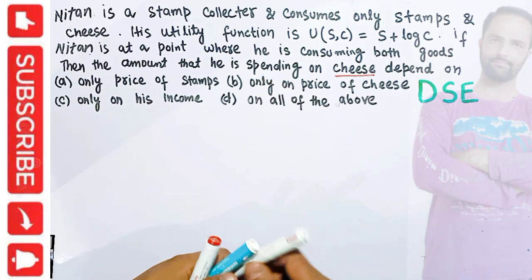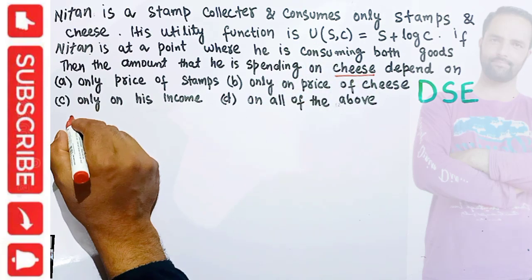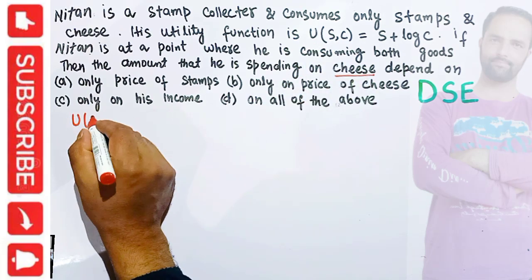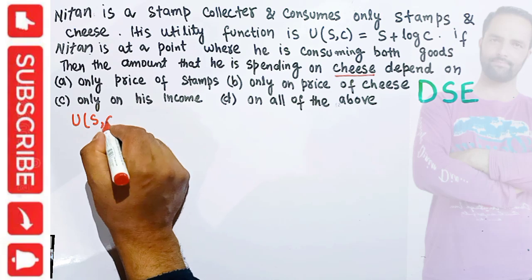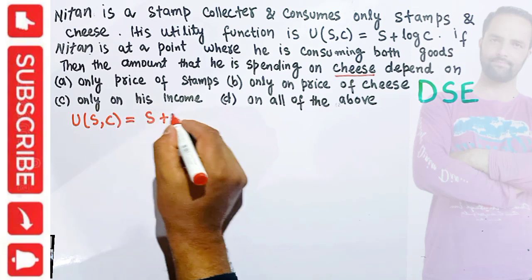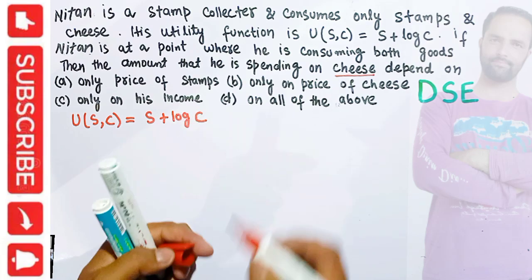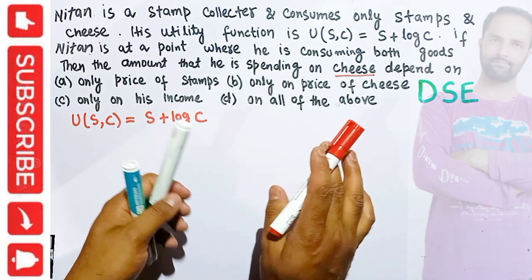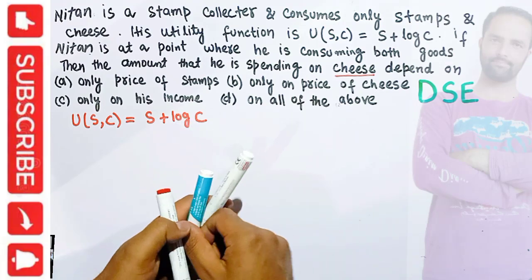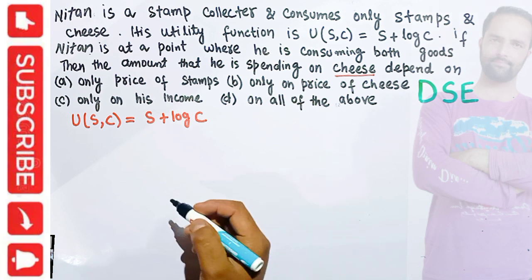So what we are being given, simple, is the utility function, that is u, which is a function of stamps and cheese, equal to s plus log c. Okay, this is our utility function. Now we need to construct the budget constraint for the consumer also. So what will be the budget constraint?